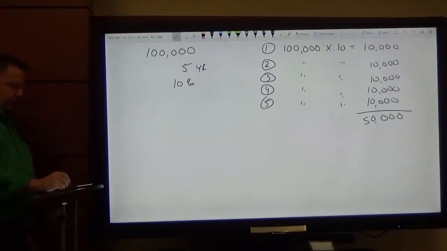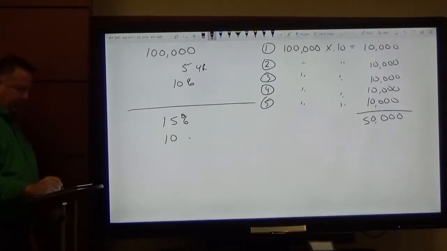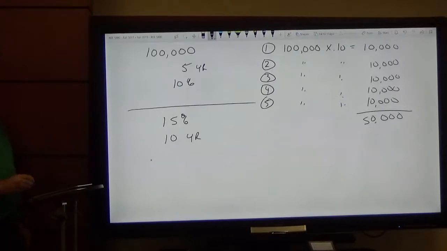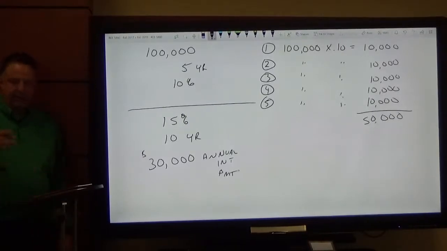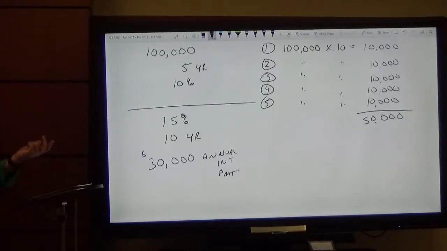So if I told you that your interest rate was 15%, and I told you that you had a 10-year interest-only mortgage, and I told you that your annual interest payment were, let's say, $30,000, with this interest-only mortgage, okay? That's all I would need to give you. Matter of fact, I've given you too much, okay?